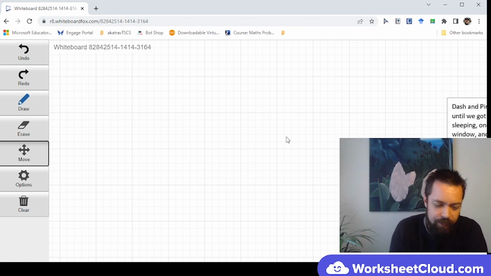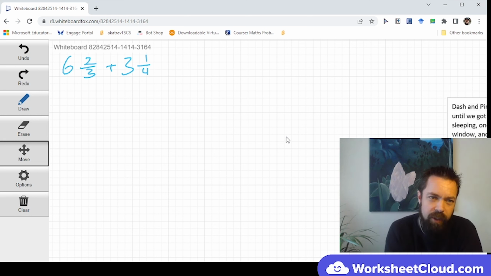I'm going to look at a couple where we have different denominators, but both need to change. So 6 and 2 over 3 plus 3 and 1 over 4. 3 and 4 are quite a commonly used set that teachers use at this age when they are looking for changing both in a common denominator, because it's one of the smaller sets of numbers where you can find a common denominator.